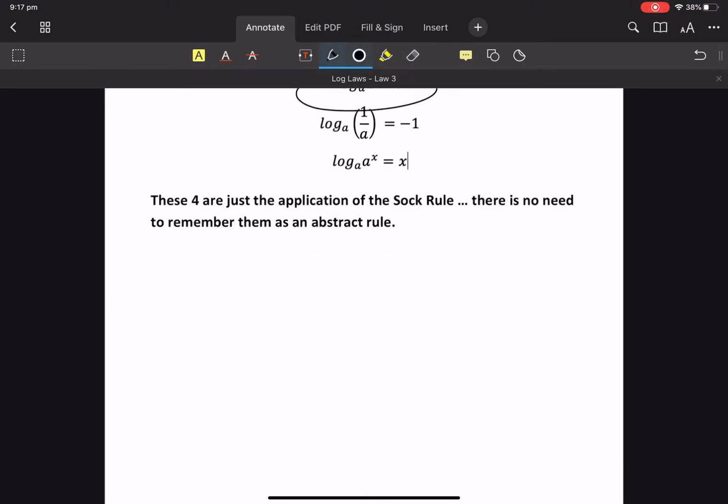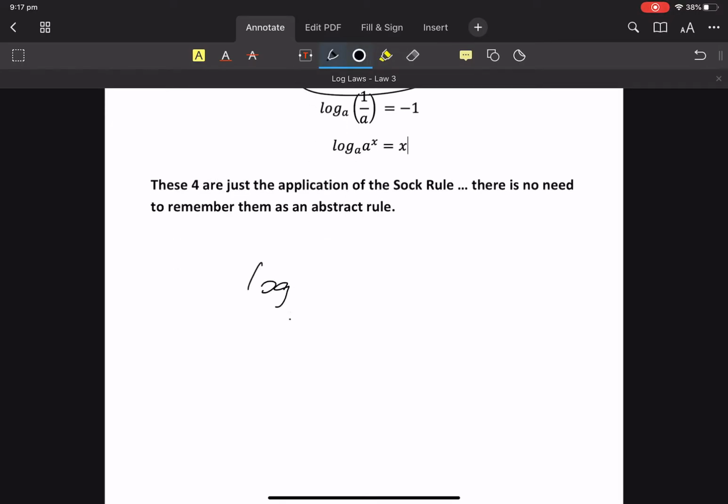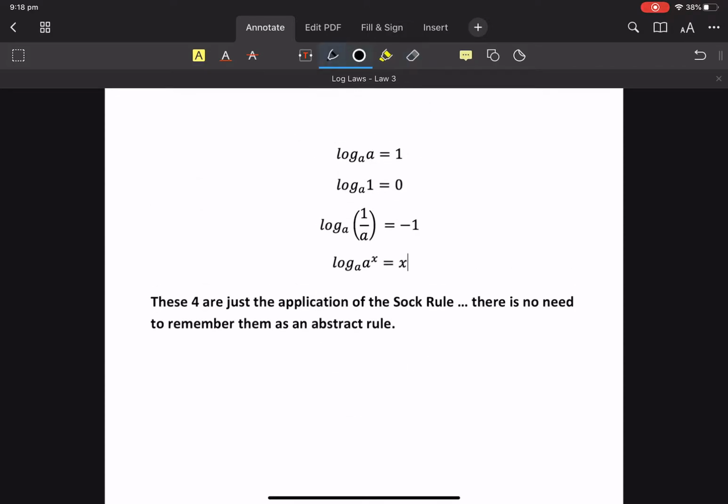Look at that one. Log A of 1. A to what power is 1? Well, that's the 0 power, isn't it? So again, that's just common sense. It's not something you need to remember. It's the application of the SOC rule. This one.